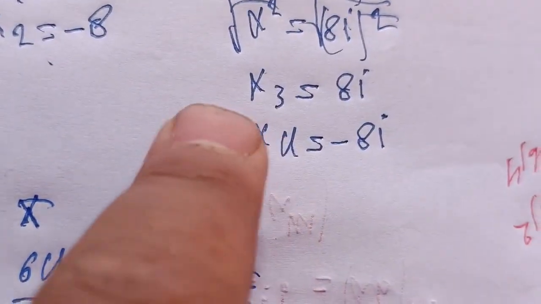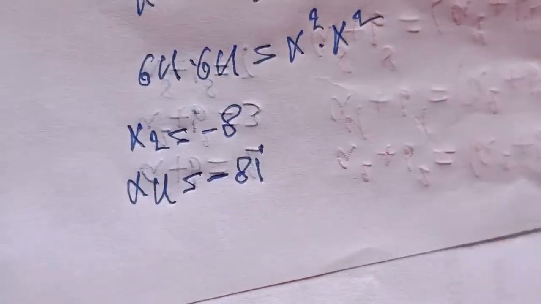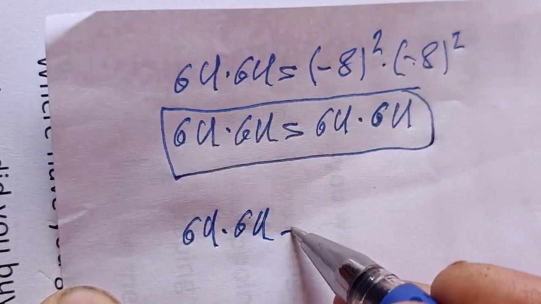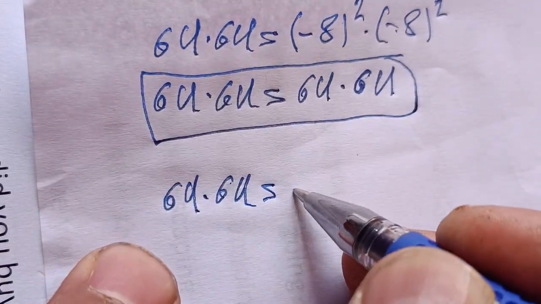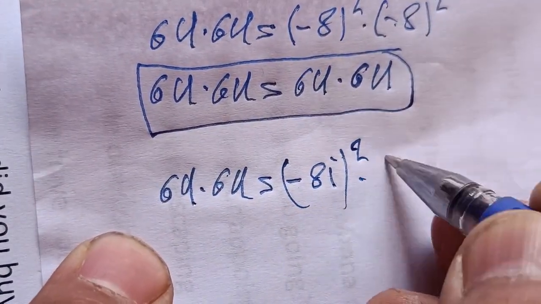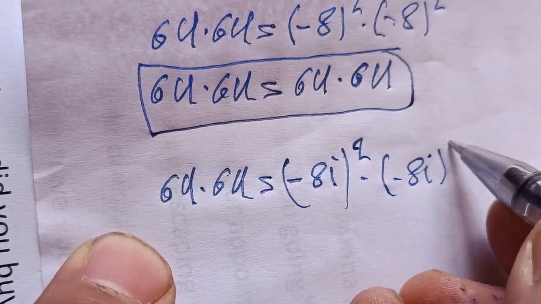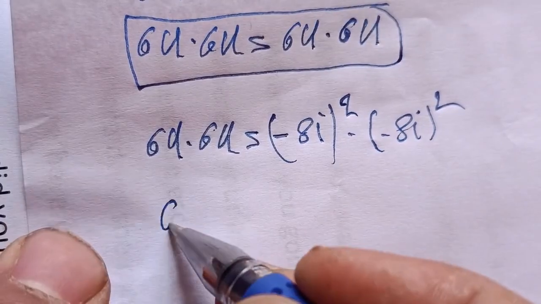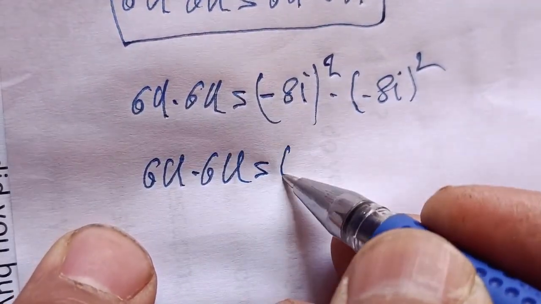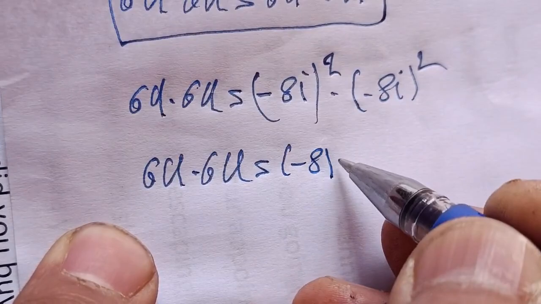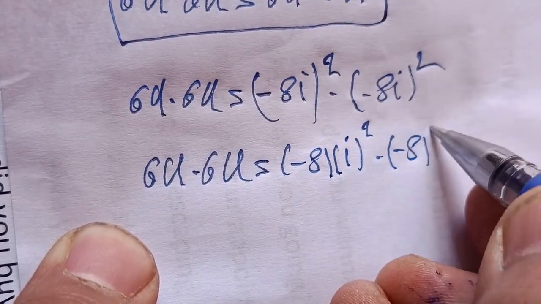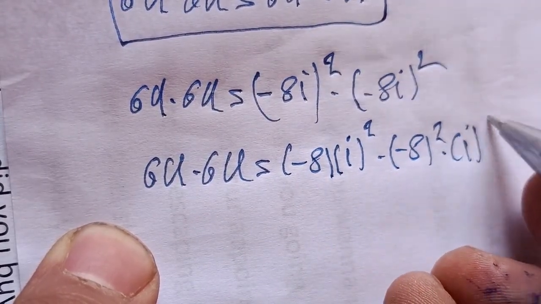Now check for x4. x4 equals -8i. 64 times 64 equals -8i squared times -8i squared. This can be written as -8 squared times i squared times -8 squared times i squared.